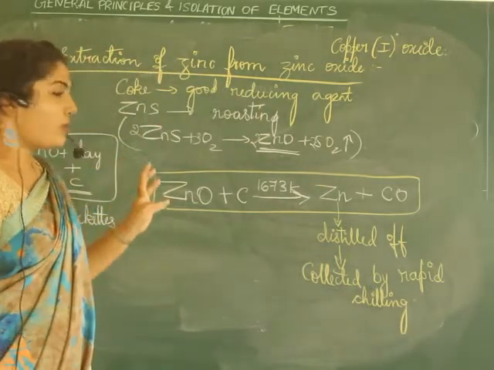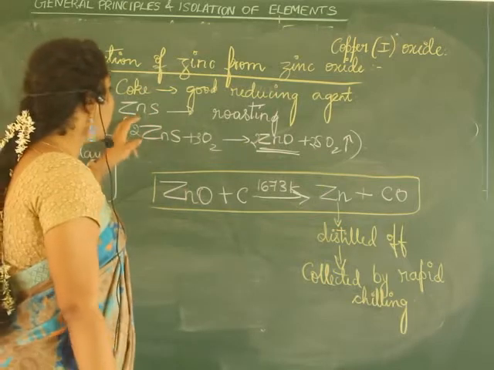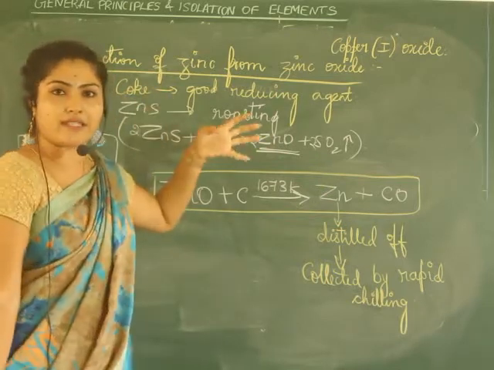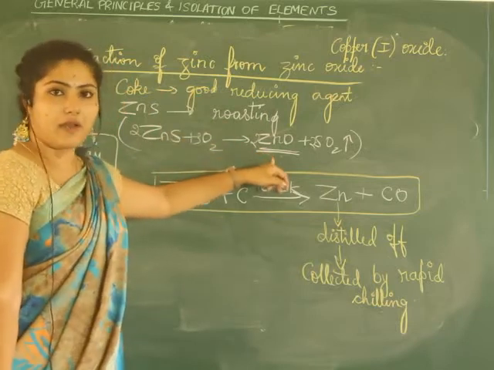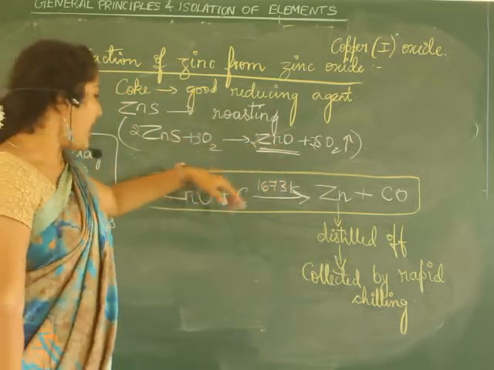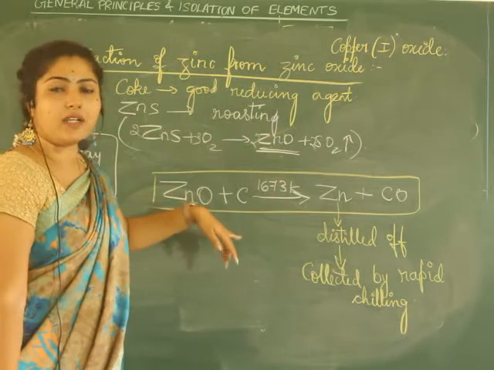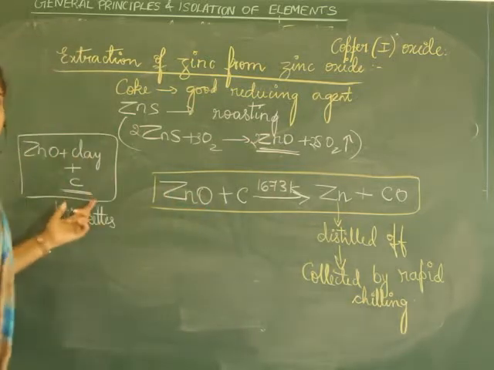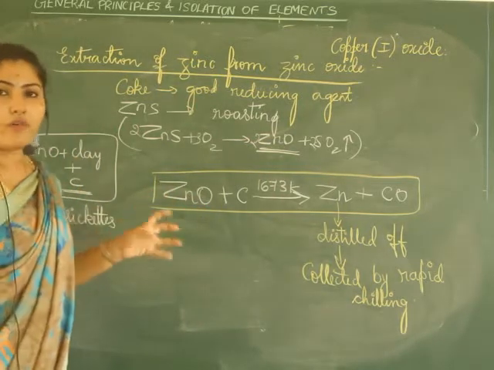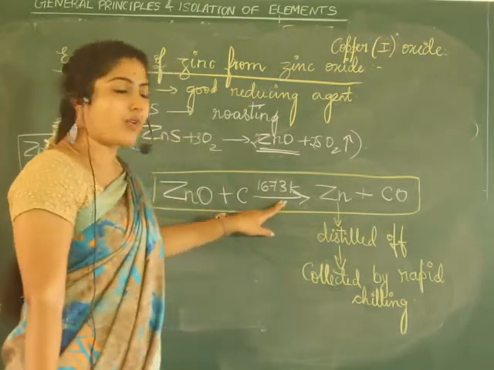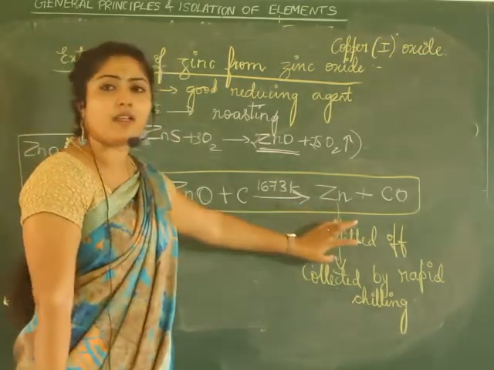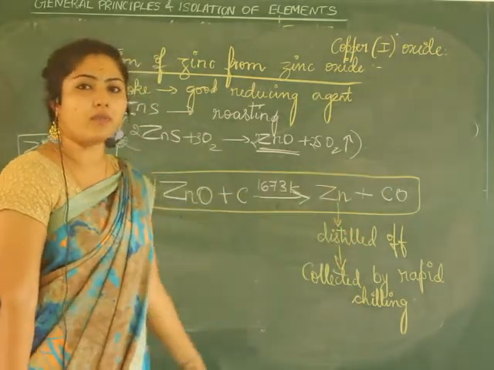So what are we doing here? Any ore which is taken, if it is a sulfide ore, we subject it to roasting and convert it into zinc oxide. After that, zinc oxide is mixed with clay and coke to form briquettes, and then heated at a high temperature of 1673 Kelvin, where we get zinc with the evolution of carbon monoxide.